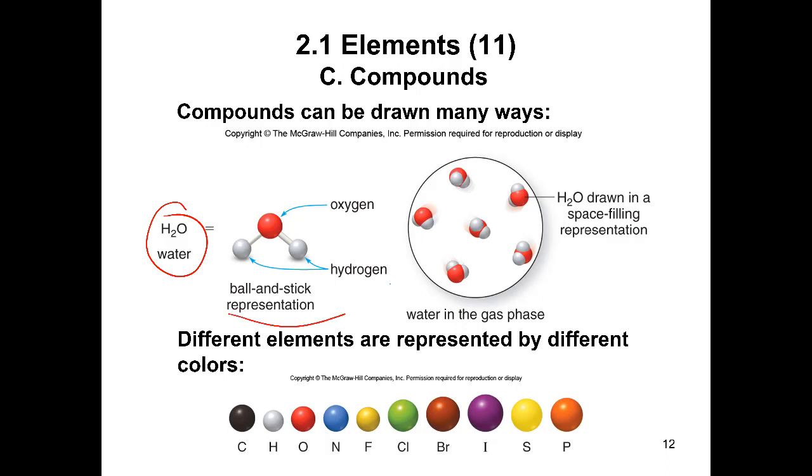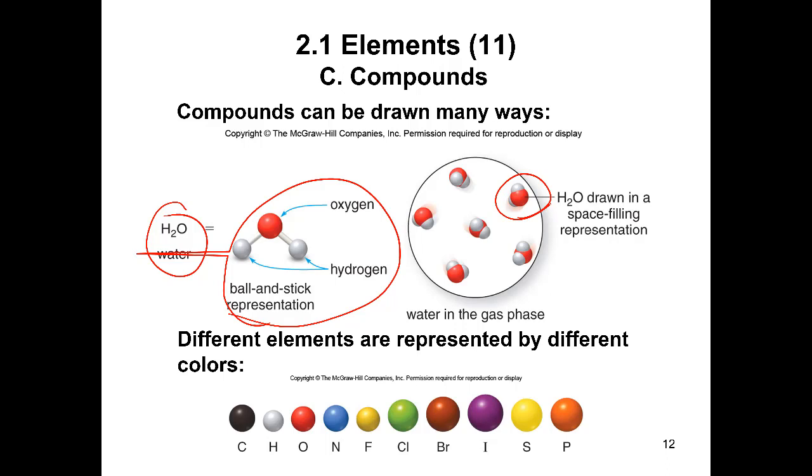This is called a ball and stick method because it's like balls with sticks. It gives you more of a three-dimensional look at what those are. And then you'll also see what we call space filling models. Space filling tries to show you spatially in three dimensions what that would look like.